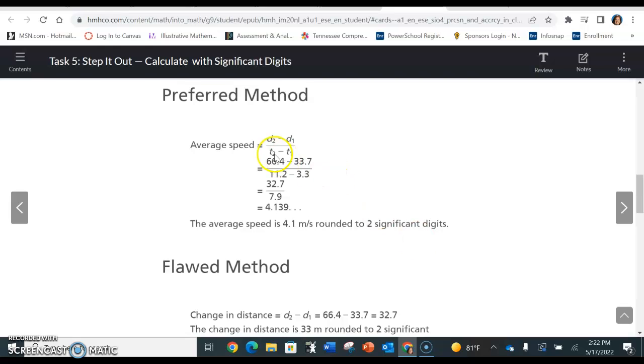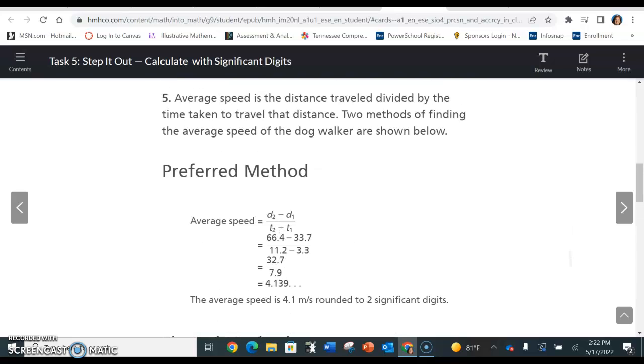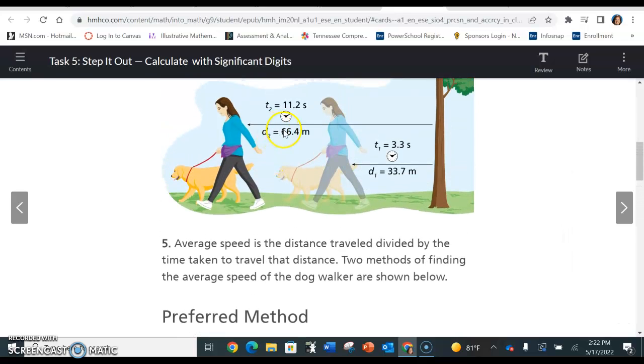All right, here's the preferred method. So your average speed is D2 minus D1 over T2 minus T1. If you notice, this is the same as the slope formula. You may have seen the slope formula last year in 8th grade. All right, so we're going to take D2 minus D1 over T2 minus T1. This comes just from the numbers here.